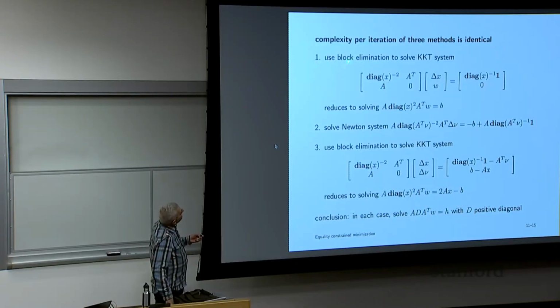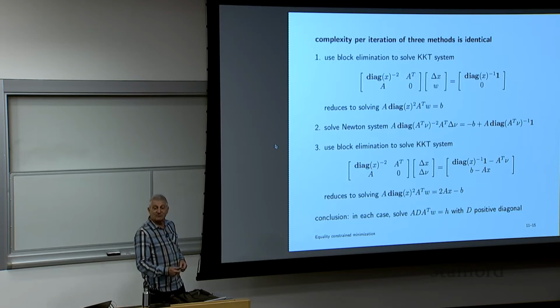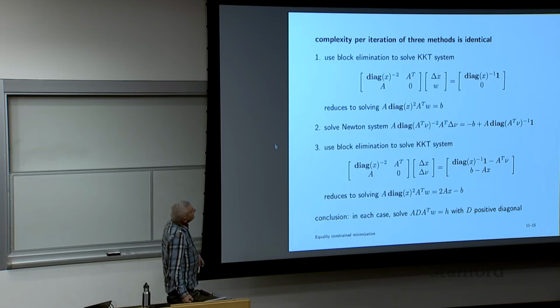So to use Newton's method, you use block elimination on this, and you would end up solving something that looks like A times a diagonal matrix times A transpose. That's what you'd form and solve that system. Okay? Notice that this is the smaller one. That's the 100 by 100 linear system, right?